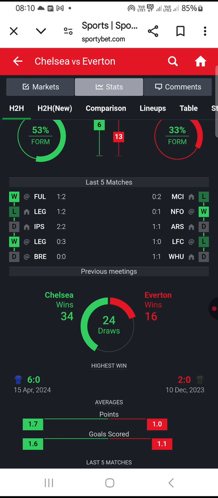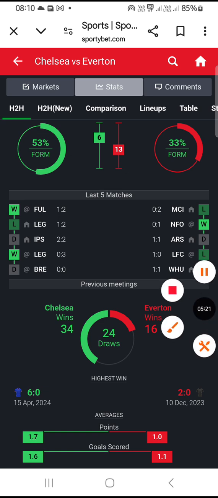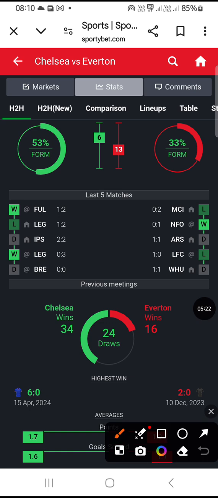So Chelsea is likely to win the game. Based on what I have just said, what can you say? How can you put it? If you look at Chelsea, if you look at their home, because the way you see the home is lose. Which means Chelsea was at home, they scored one here.